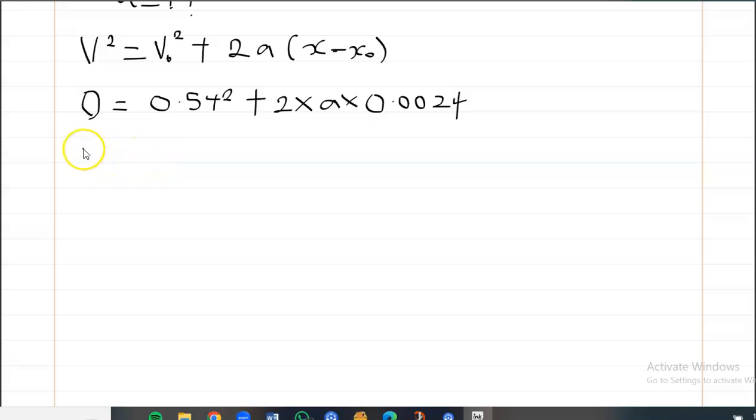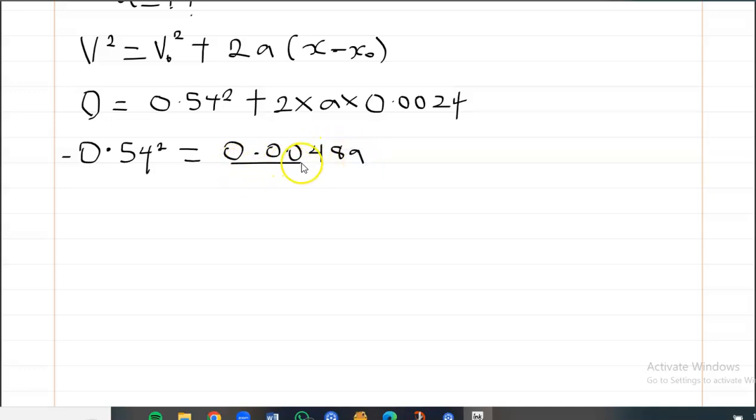We have negative 0.54 squared equals, right, if we multiply that, we should have about 0.0048 a.